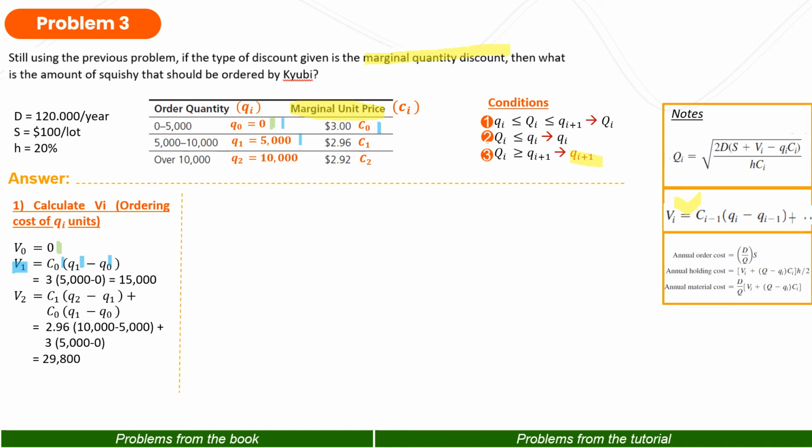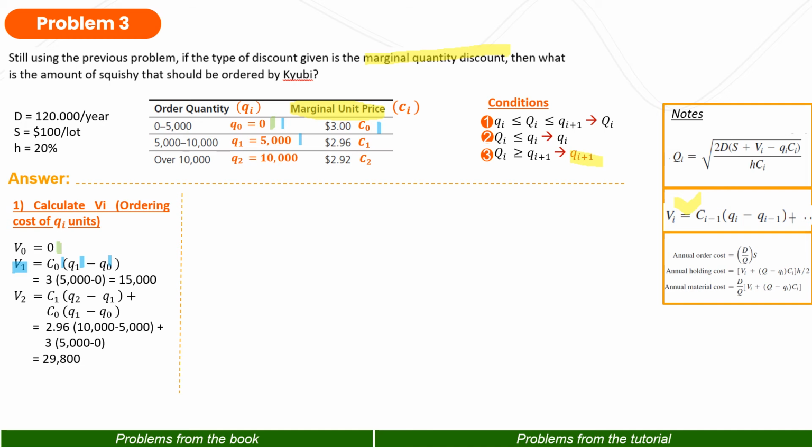The previous cost, or the cost 0, is $3 times the little q1, which is 5,000, minus the previous little q, that is 0, and then we get the V1 is 15,000.